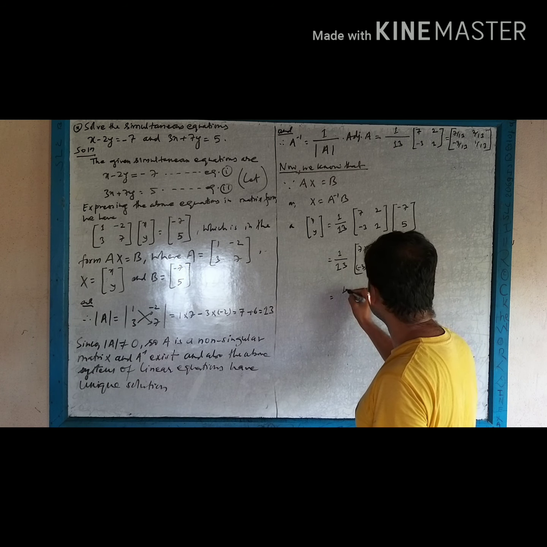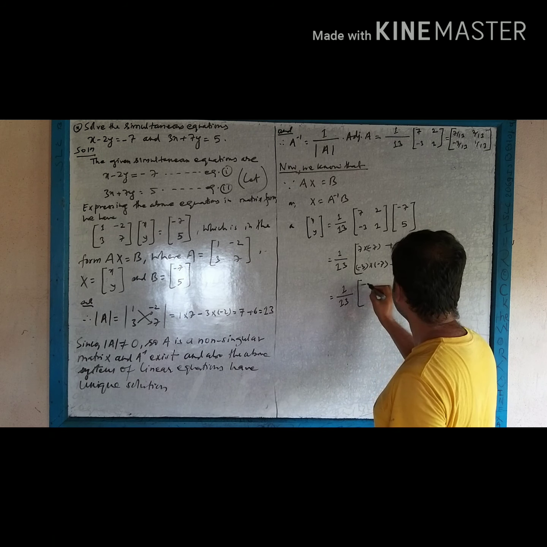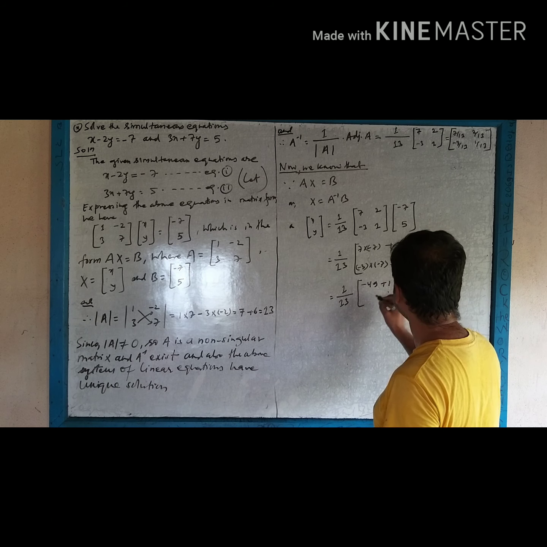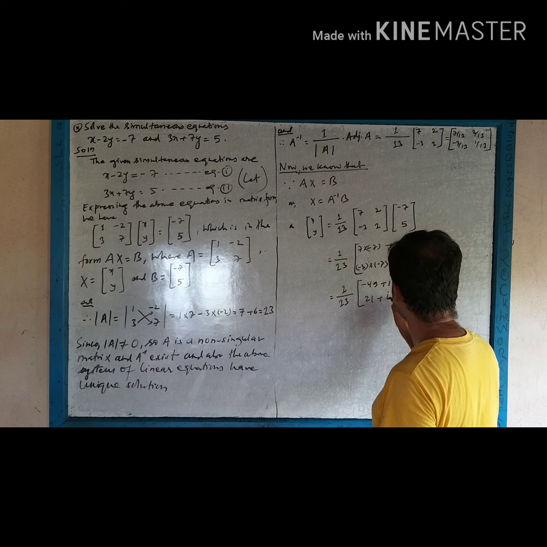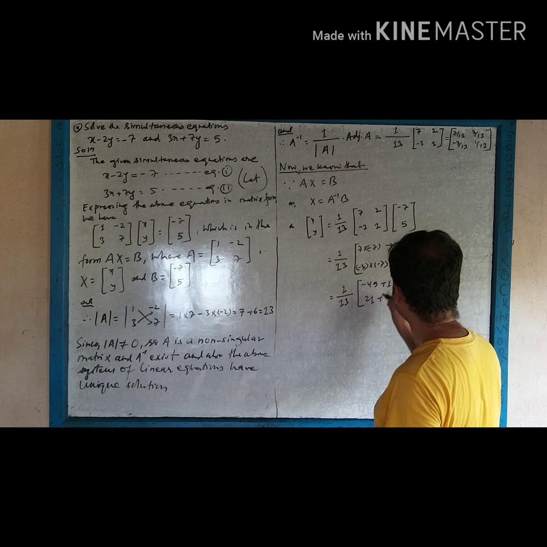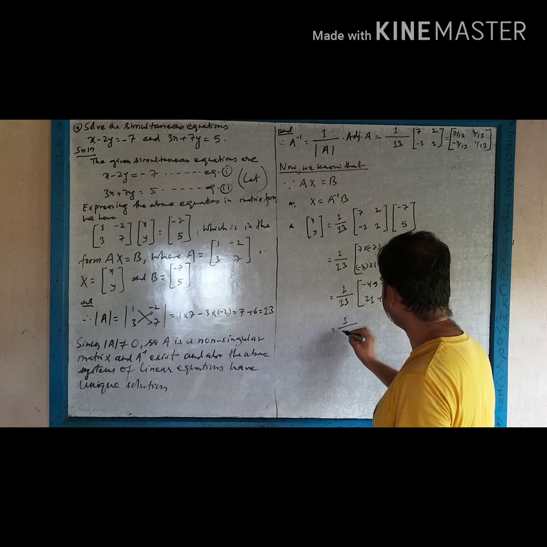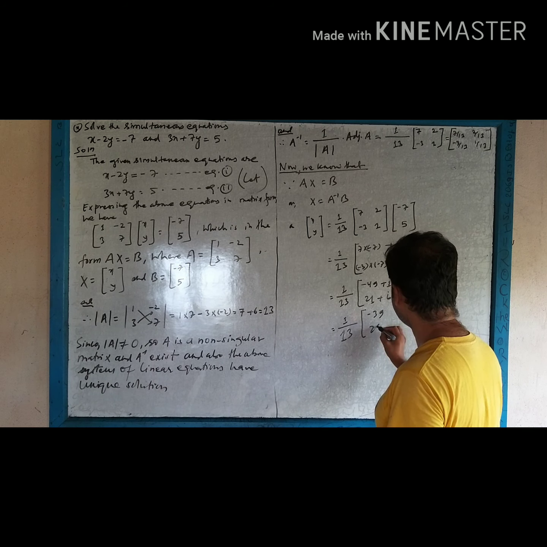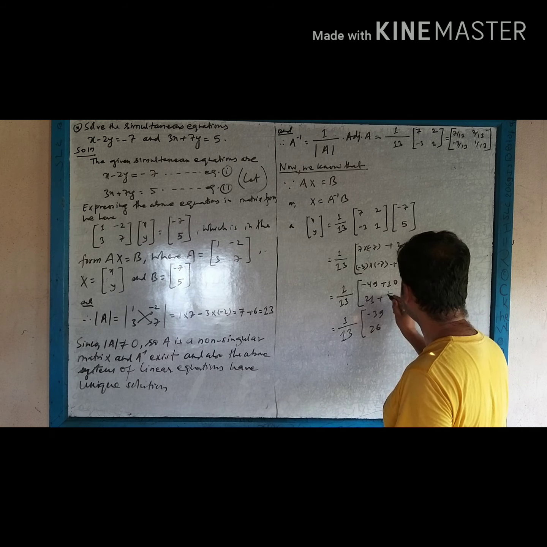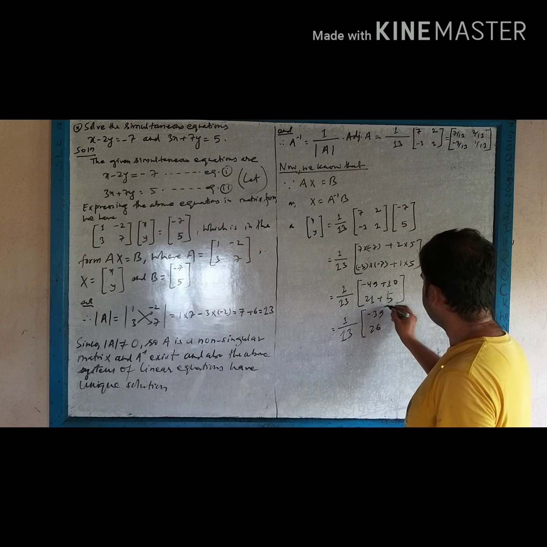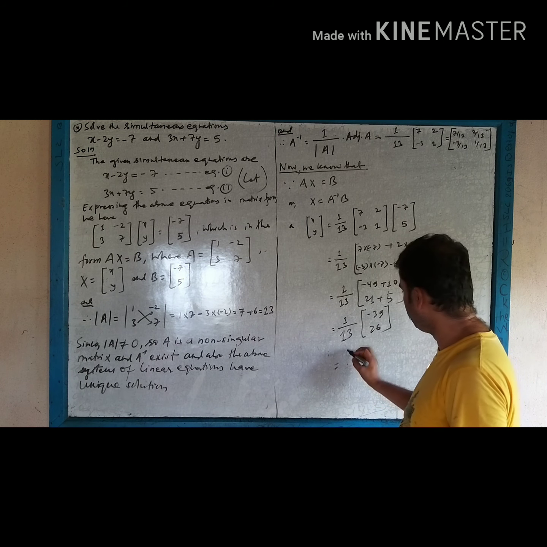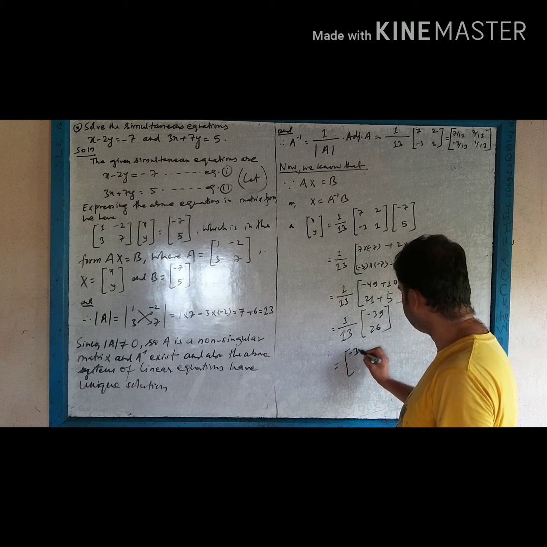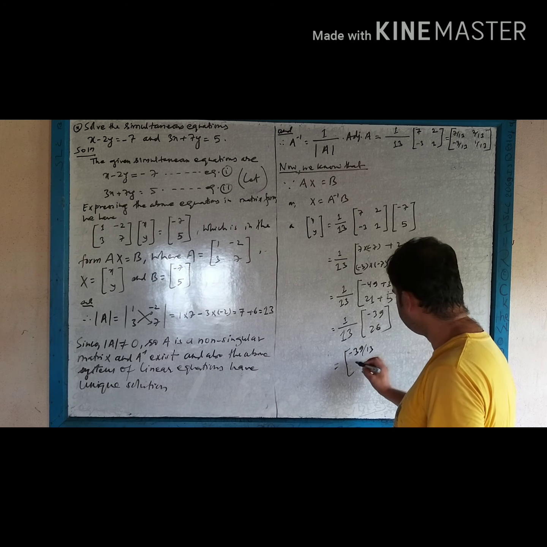Equals 1 by 13 of minus 49 plus 10, and 21 plus 5, which is 1 by 13 of minus 39 and 26. This will go inside, so minus 39 by 13 and 26 by 13.